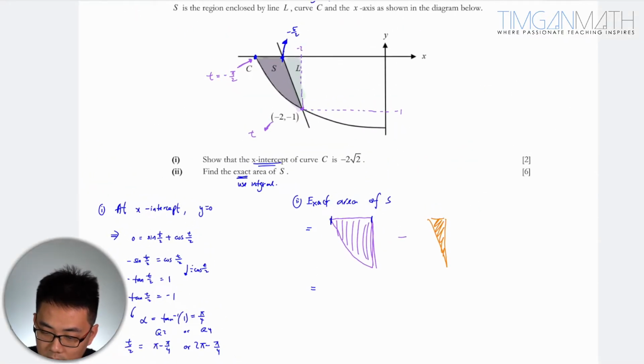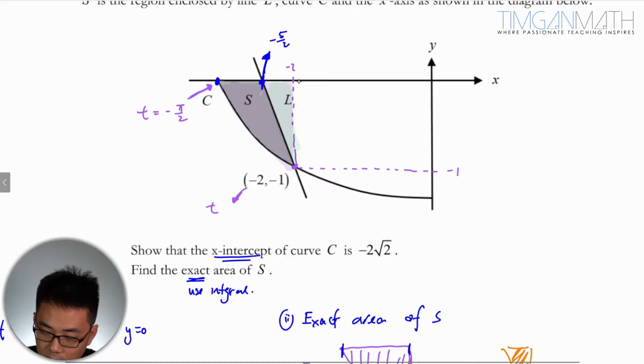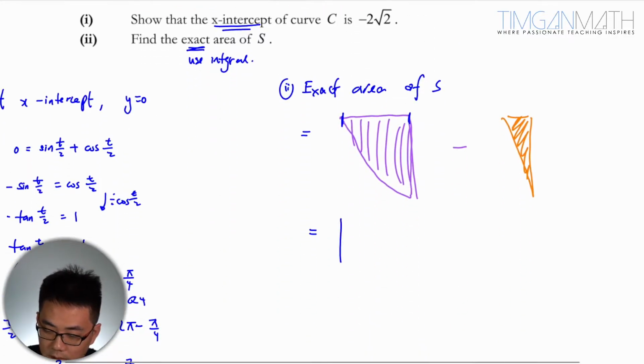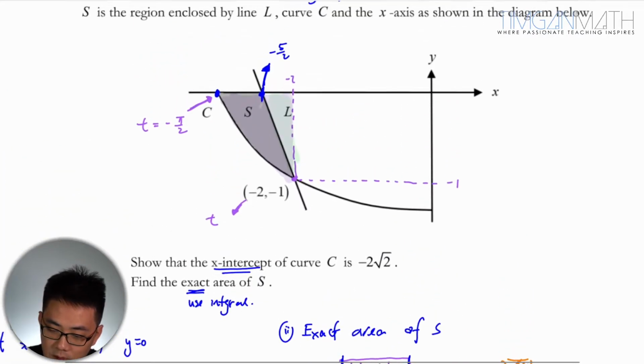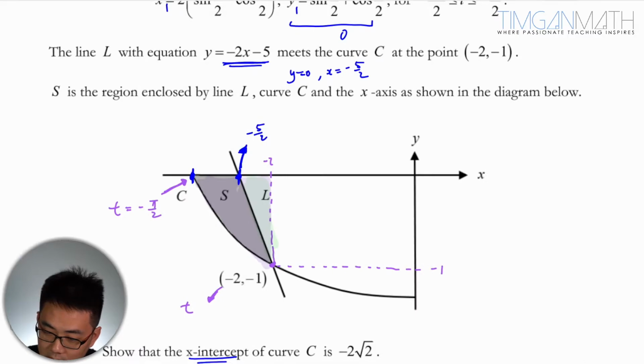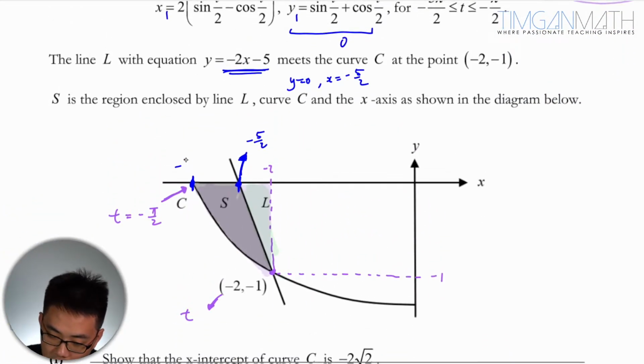All right, you start off with this -2 here. We're going to mod it, actually. Just integrate from the smallest. So the x-axis here is what we found just now, -2√2.